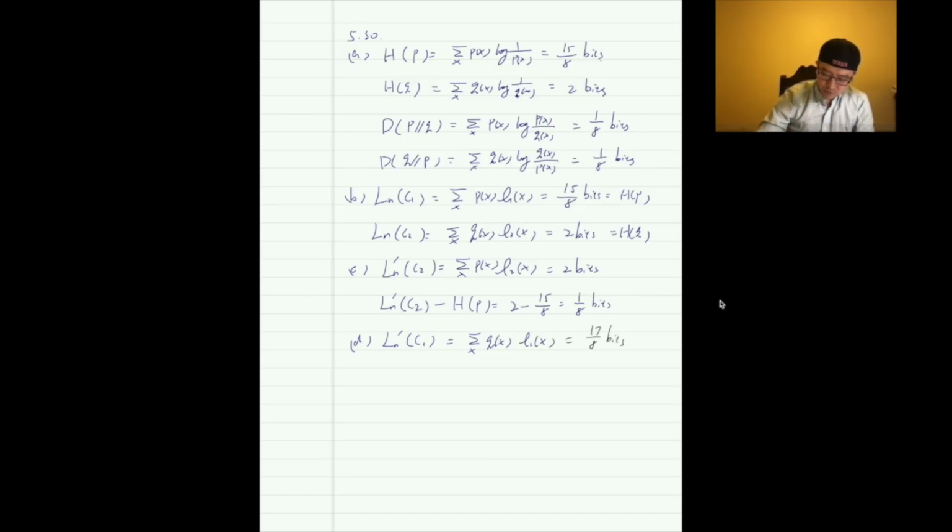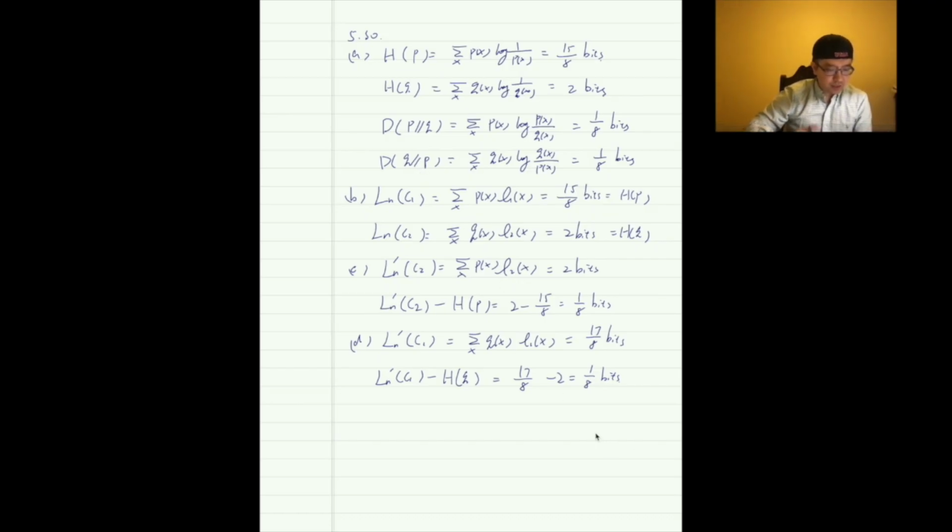So now we can compute the difference the same way. Then that'll give you 17 over 8 minus 2, that is again 1 over 8 bits. Okay, and this is basically the relative entropy between Q and P, right? Something like that. All right.